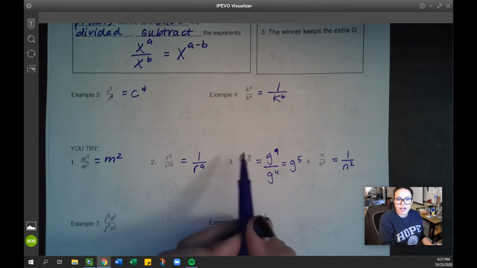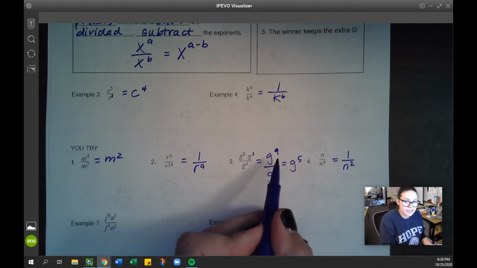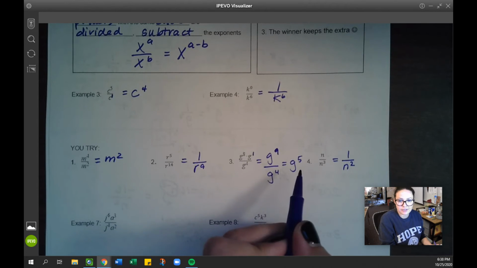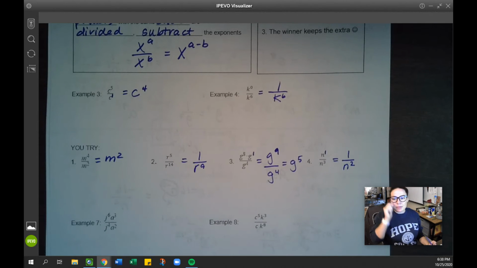In number 3, you would have to first simplify the top. G to the 8th times g to the 1 gives us g to the 9th. There are more g's on the top. 9 minus 4 gives us g to the 5th. For number 4, we have 1 on the top and 3 on the bottom, so the bottom has 2 more.